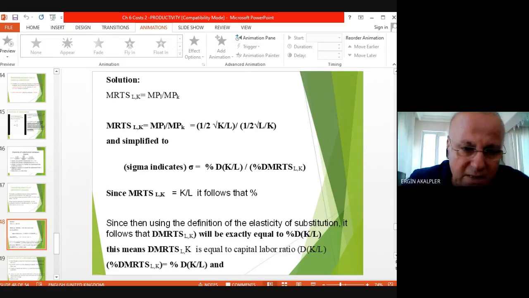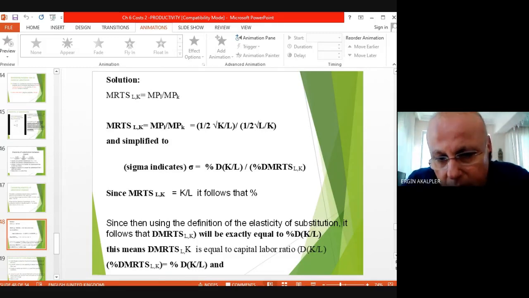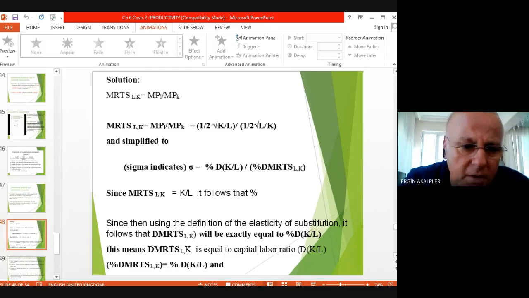Sigma indicates the percentage change in K over L divided by the percentage change in the marginal rate of technical substitution of labor for capital.